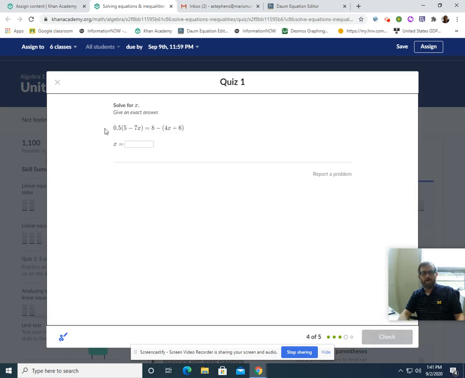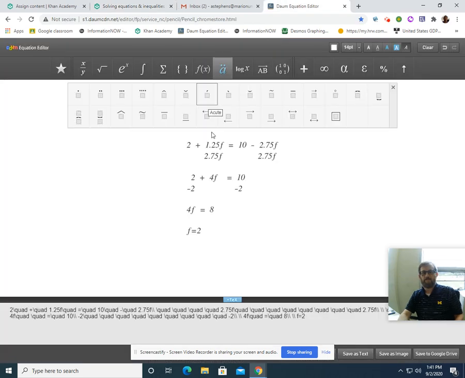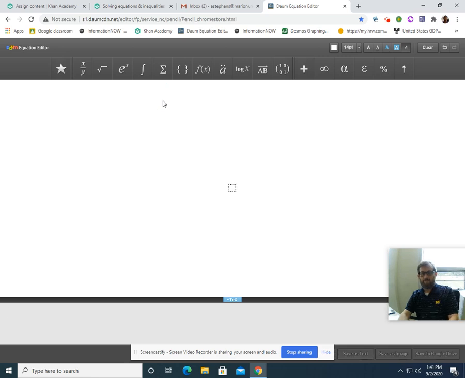All right, so here we go again. Let's see if I can really cheat to cut and paste this. Hey, what do you know? And I'm going to put some spaces in here just to make it a little easier to see. Okay, so I want to solve this equation. Well, on both sides, I have to use the distributive property. So over here, I have to distribute the 0.5.